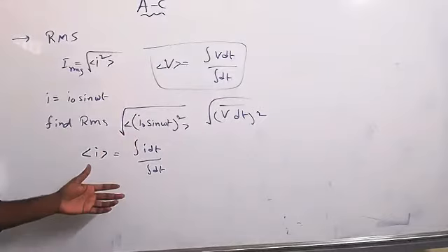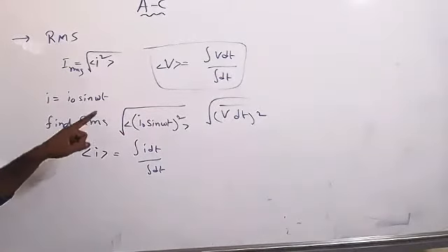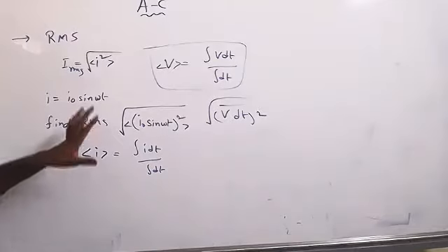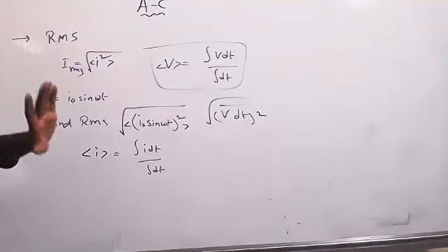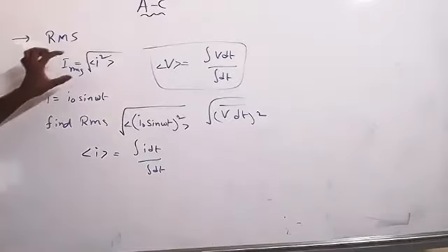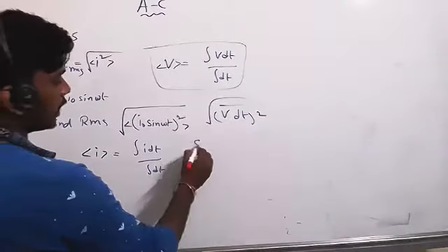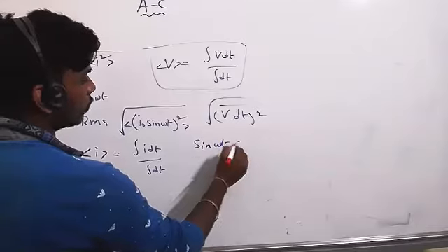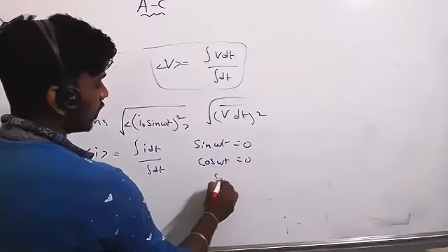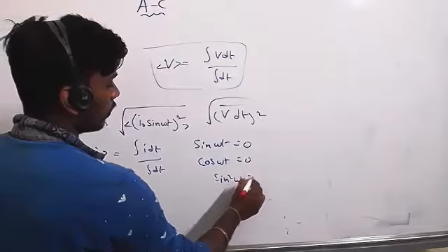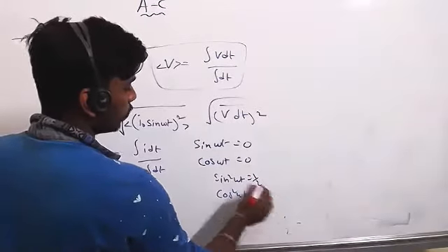Already we have calculated average current for a half cycle and for a full cycle. Average current for a full cycle is 0. Average current for a half cycle we got some value. When calculating the root mean value, I have given sine omega t equal to 0, cos omega t equal to 0, sine square omega t equal to 1/2, and cos square omega t equal to 1/2.